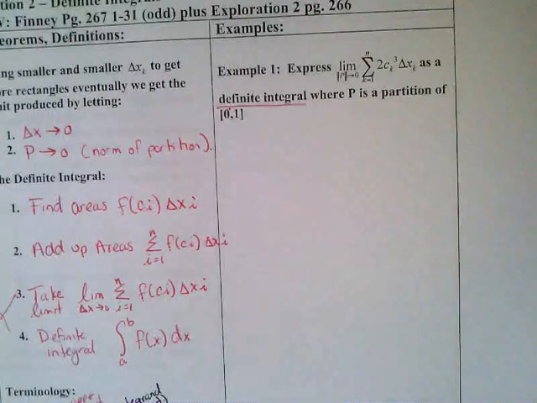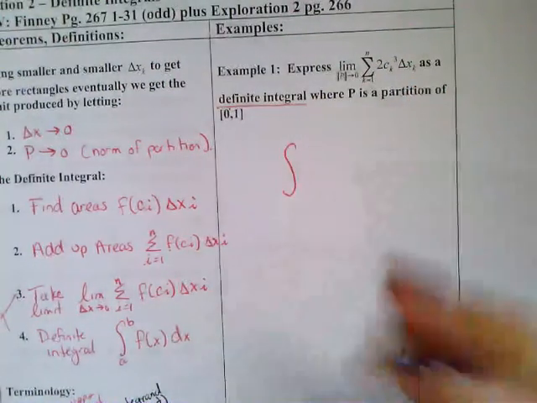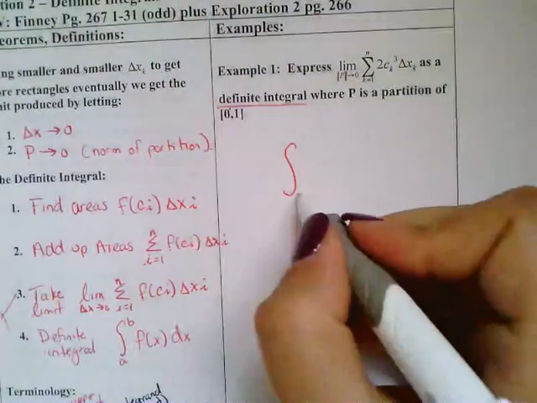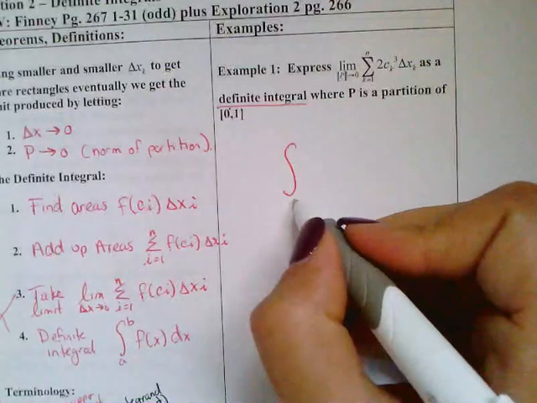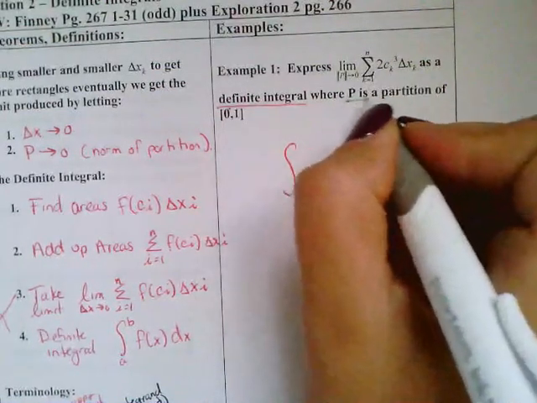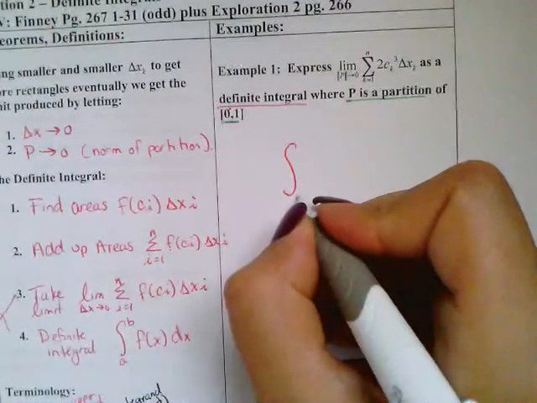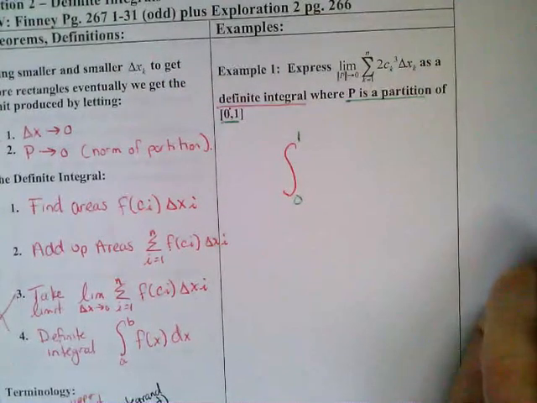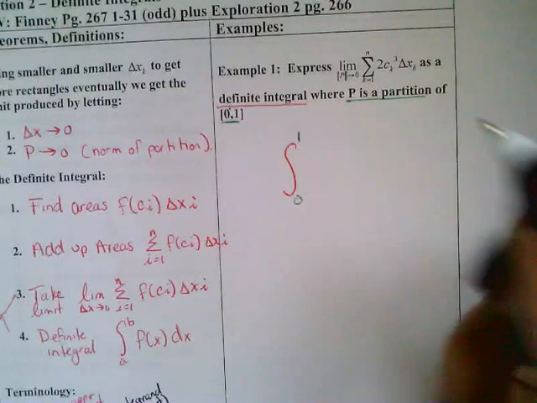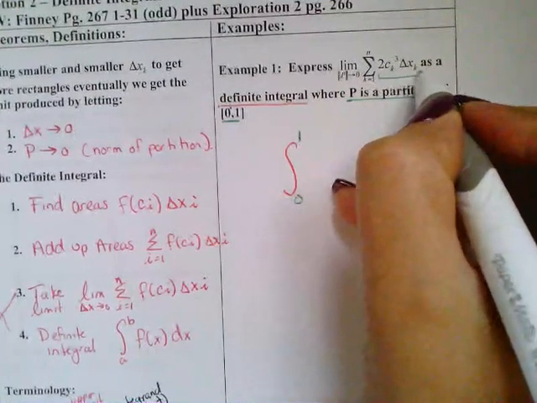Okay? So first off, it is going to be a definite integral, so there we go. There's my definite integral. Now, my partition, or my area that I'm working with, is from 0 to 1. So my lower limit is 0, my upper limit is 1. And then my function is basically right here.